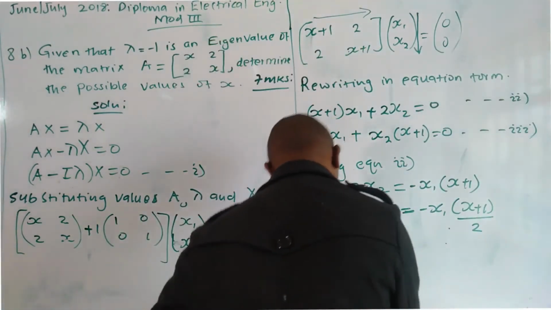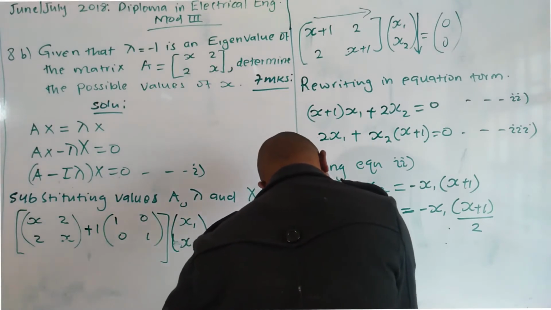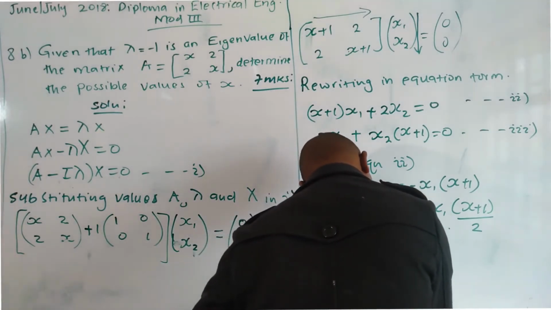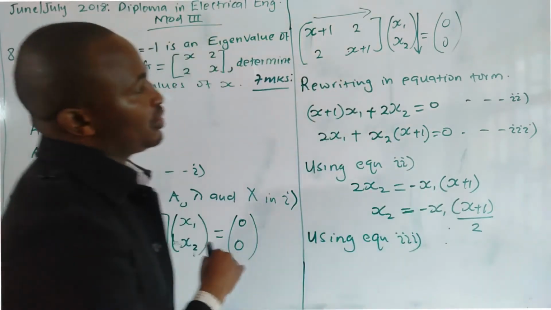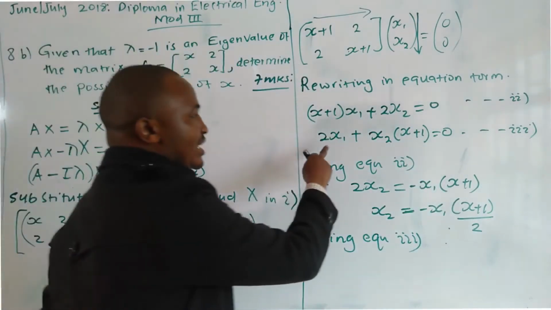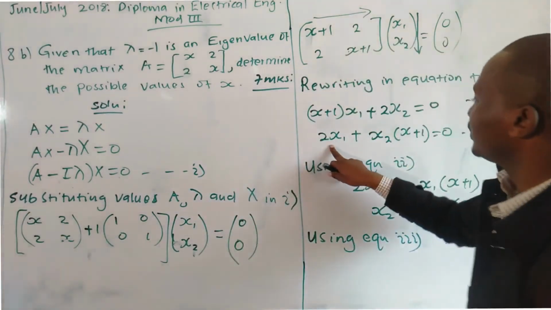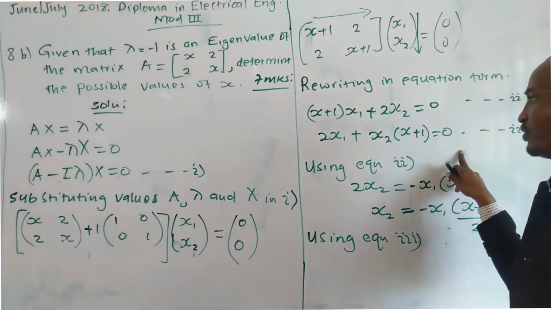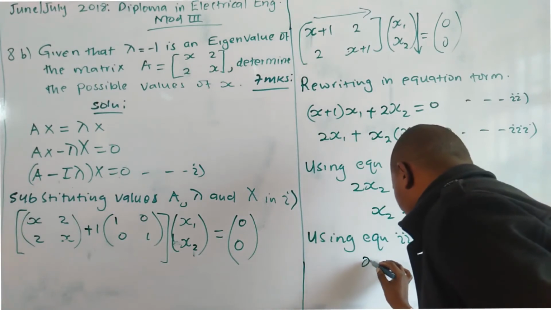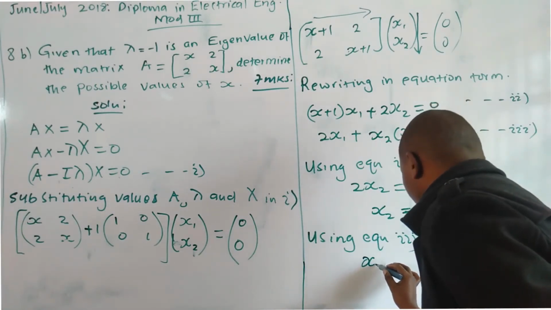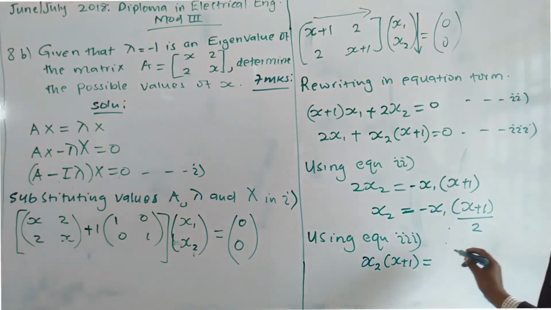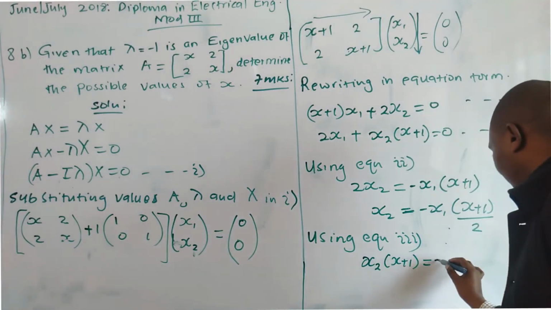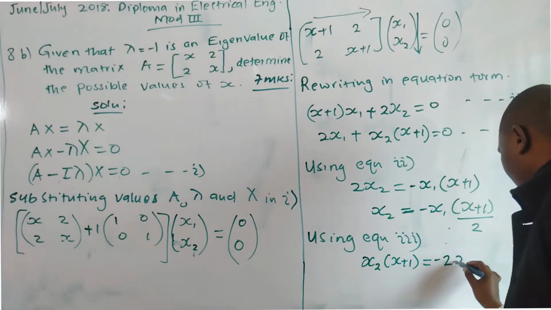Using equation 3, we have this 2x1. We take it to the other side of the equation. We will have x2 times (x plus 1) becomes negative 2x1.